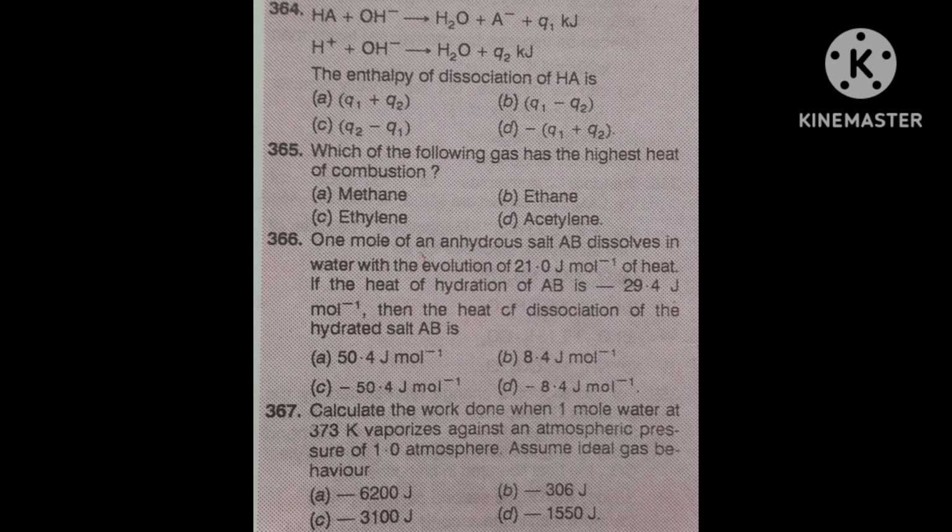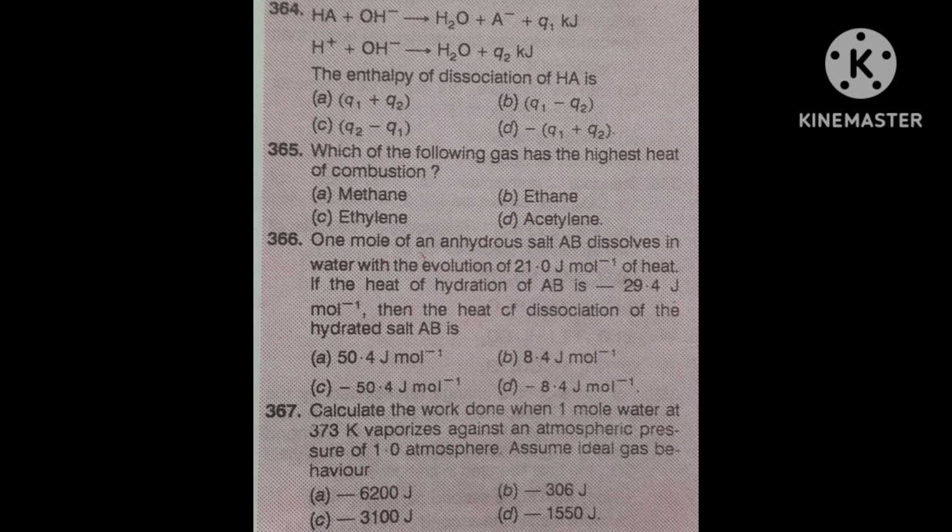Now for liter atmosphere, here again one more formula, a fourth you can say, you have to apply. You got liter atmosphere, but you have to give the answer in joule.